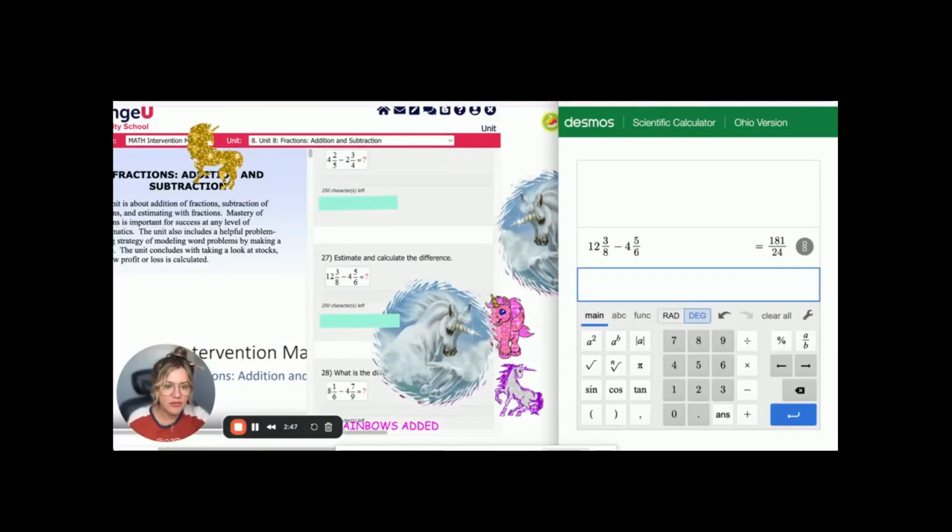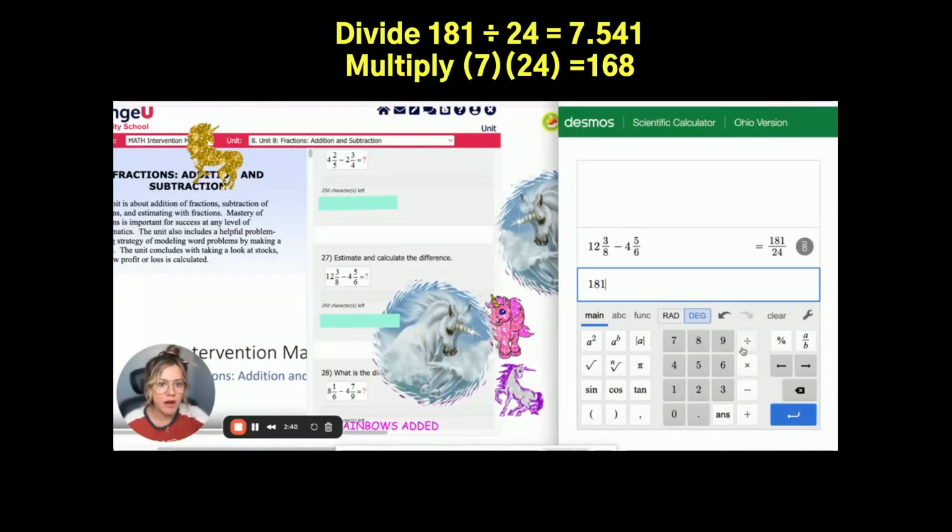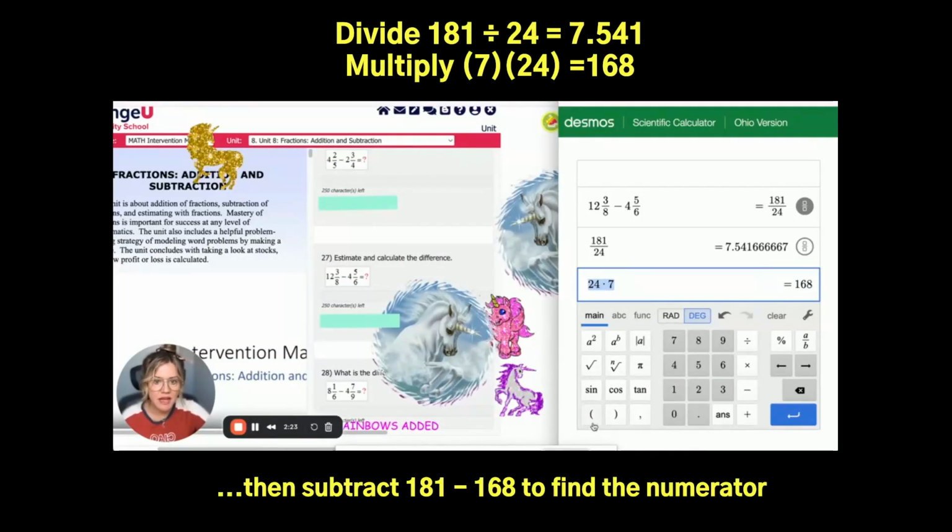Now, if we wanted to change this to a mixed number, all we would have to do is divide 181 by 24. We get 7 something, right? Now 24 times 7 is 168. Then you can highlight that 24 times 7 and click parentheses, and we're going to be subtracting 181 minus 24 times 7.